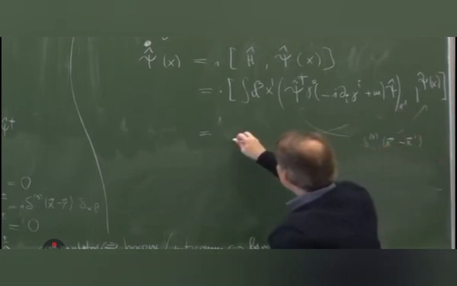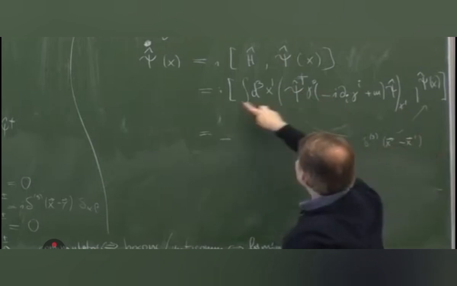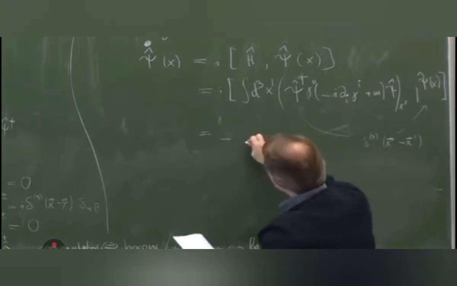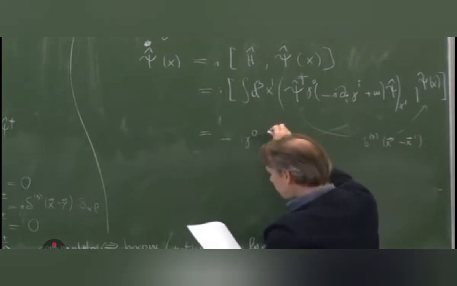So the result is then, with this i in front, minus i gamma 0 times minus i gamma i d_i plus m psi hat.